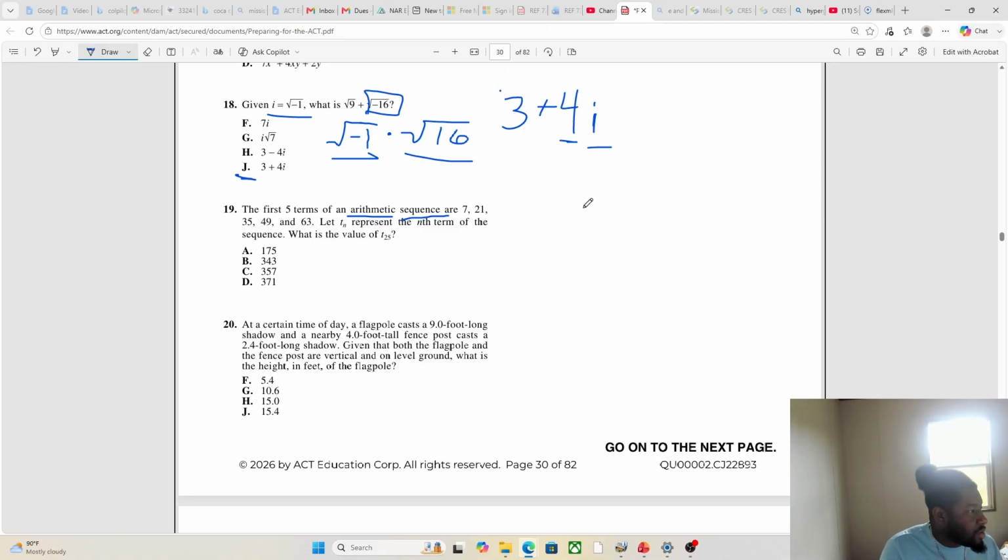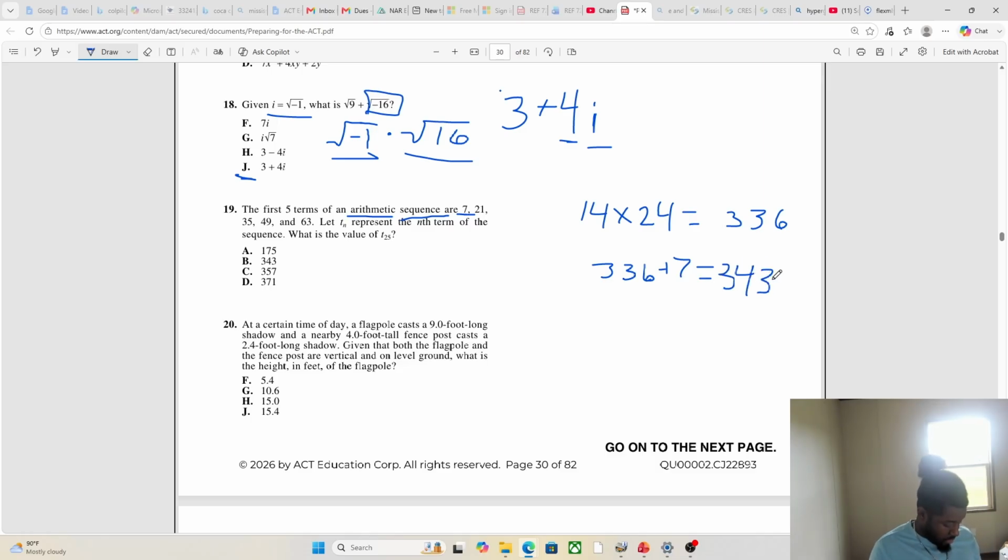So do 14 times 24, and that's going to be 336. But don't forget about your first term. You have to add that 7. 336 plus 7 equals 343. So the answer is B.